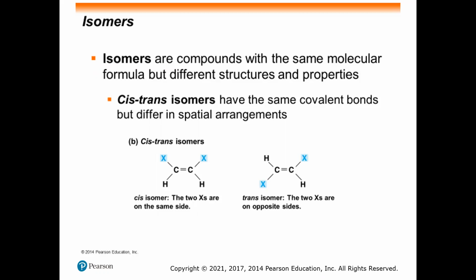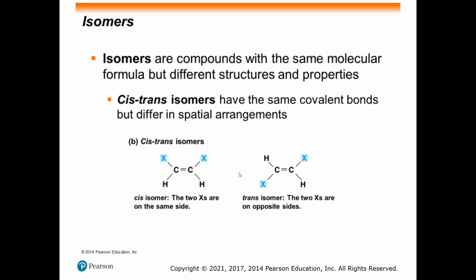The second type of isomer is cis-trans isomers. Carbons have covalent bonds to the same atoms, but these atoms differ in spatial arrangement due to the inflexibility of double bonds.